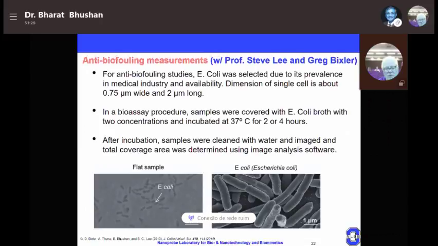Medical industry and is easily available. And the dimensions of E. coli cells are 0.75 micron in width and about 2 micron long.